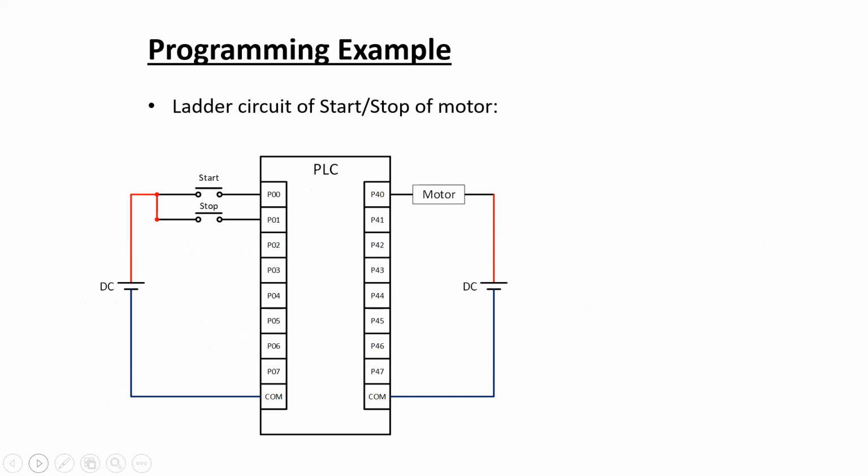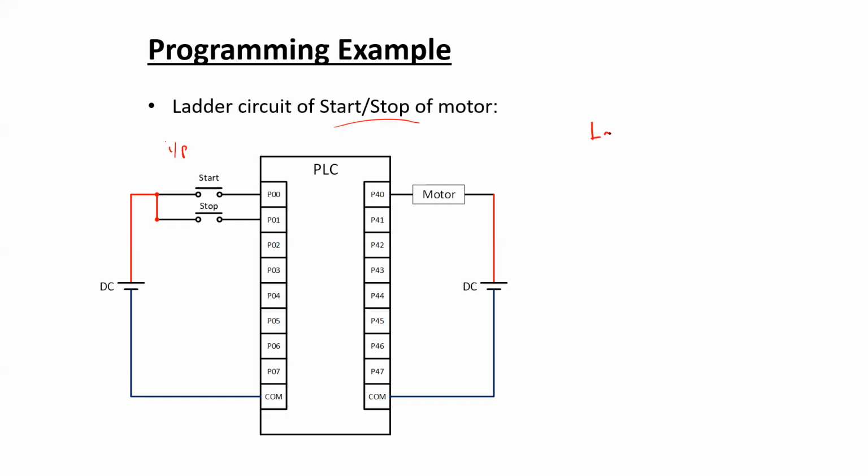Now let us finish today's discussion with an example of a motor starting and stopping circuit, a simple circuit where at the input side we can have two switches, one to start the motor running, and another switch to stop the motor. And at the output side at port P40 we have a motor connected.